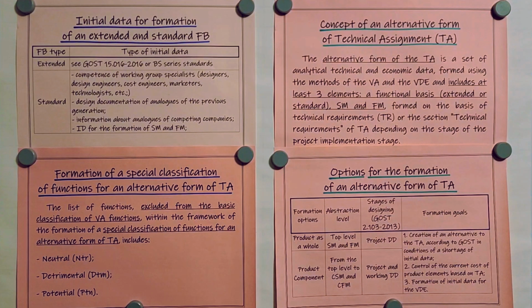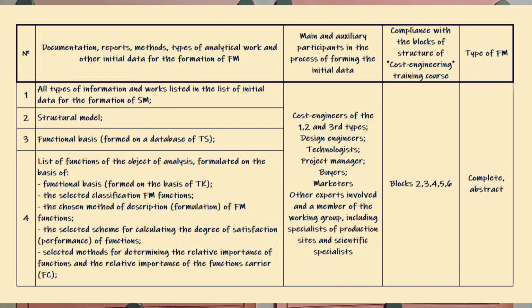This list can be continued, but already from the first three points, it's clear that it's actually similar to the list of initial data for the formation of structural and functional model, which we considered in issue number 8, structural and functional models of the object of analysis, classification, examples.